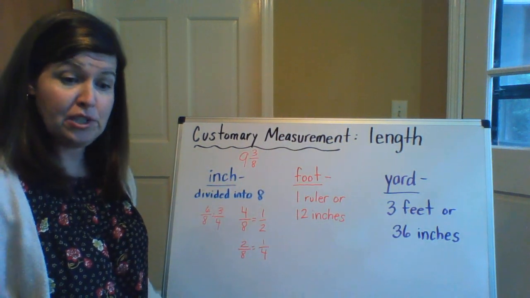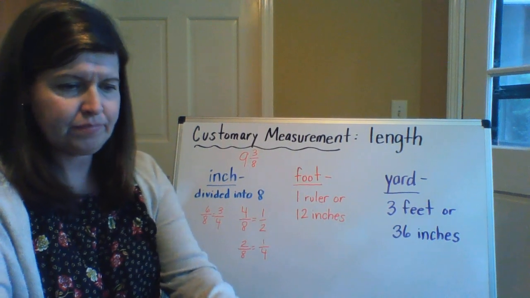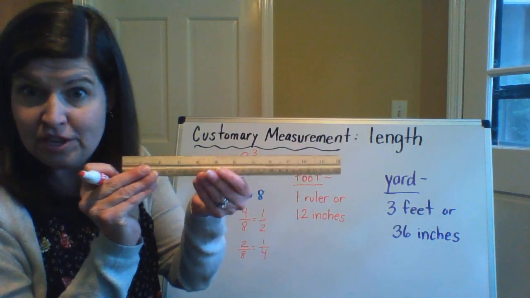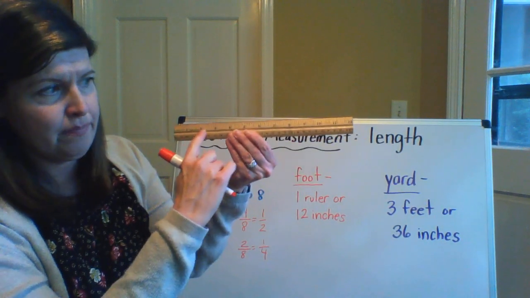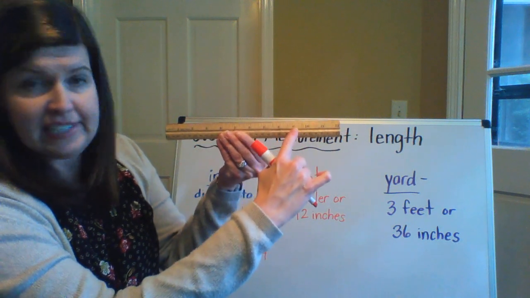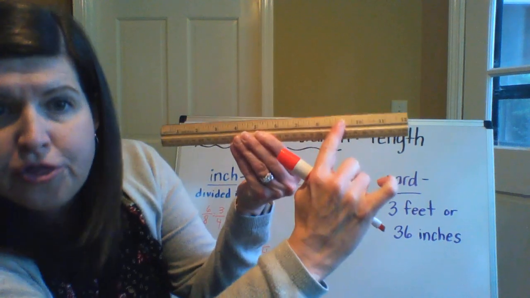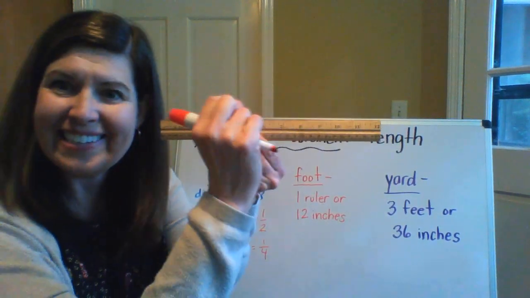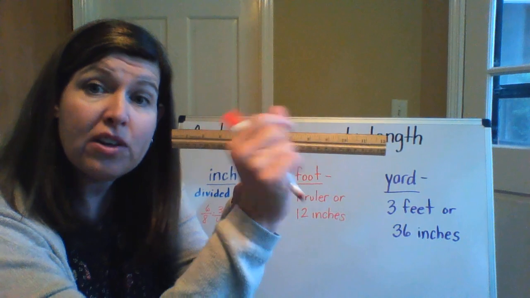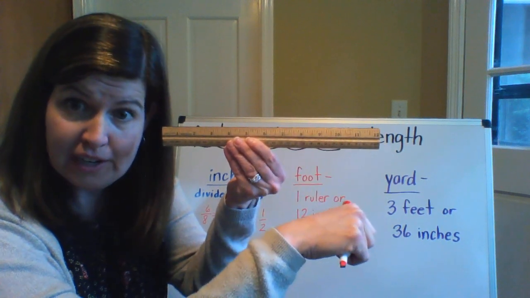So what they would do is they would measure on my ruler, and this is another ruler that you might have at home. I'd go all the way to 9 whole inches, and then it's saying 3 of those tiny little 1/8 pieces that are between the whole inch markings.